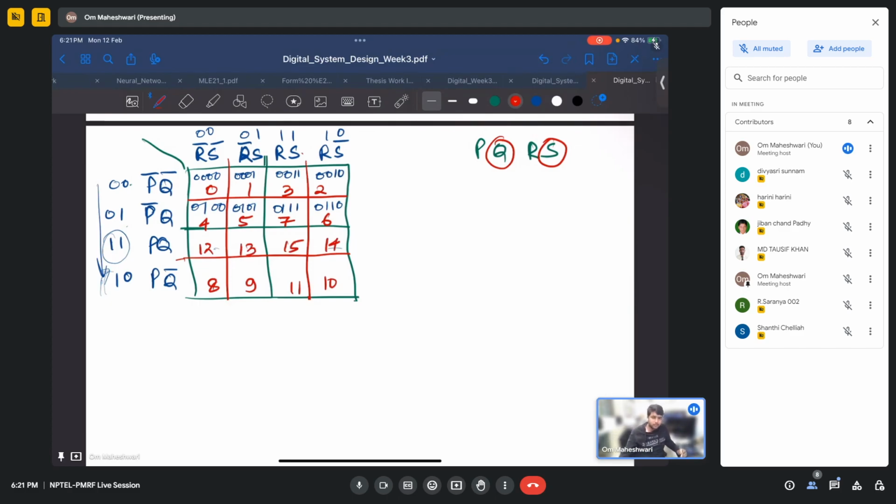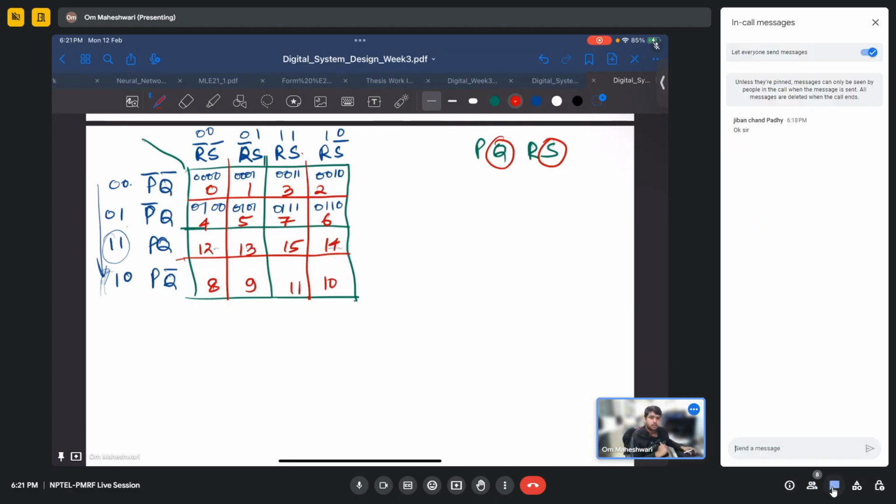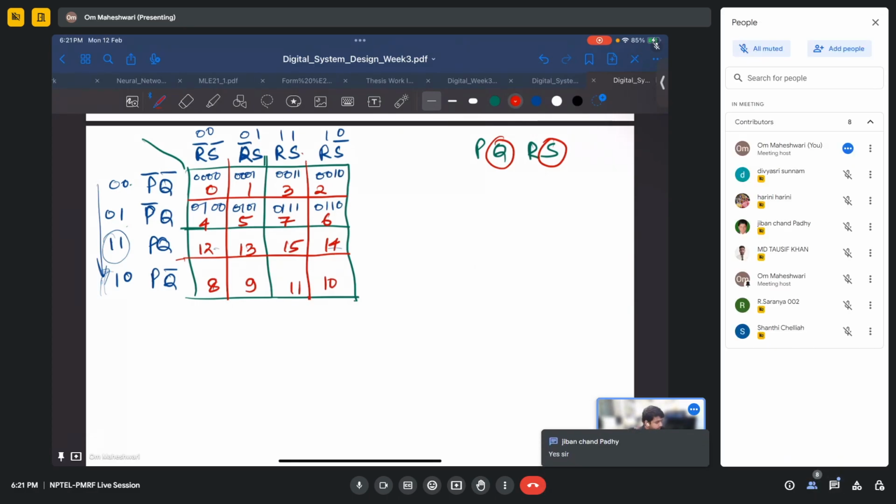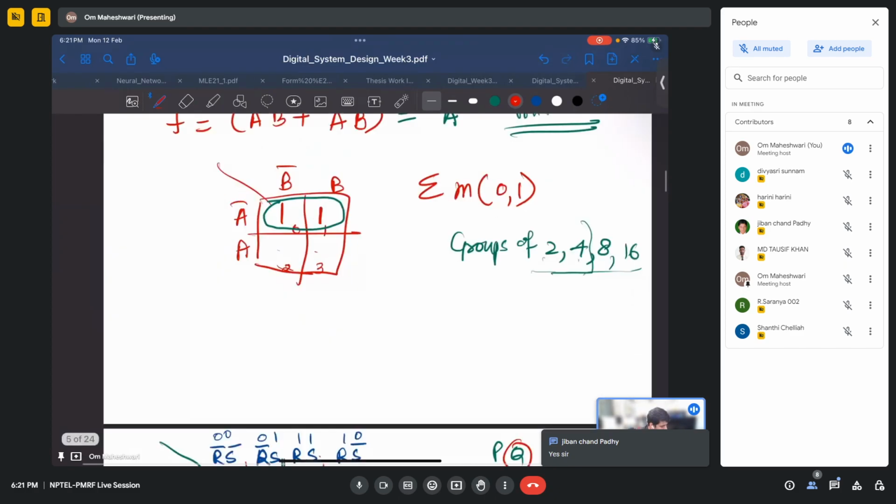So this is what the numbering comes out to be. Is this numbering clear?